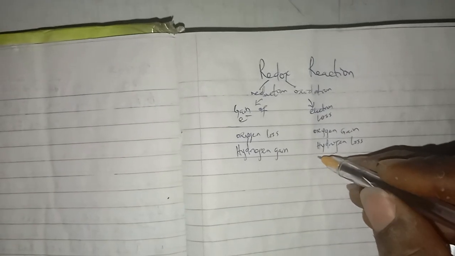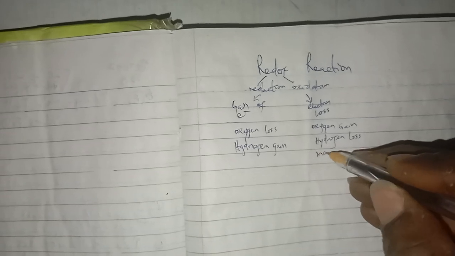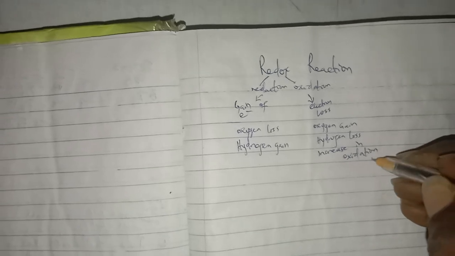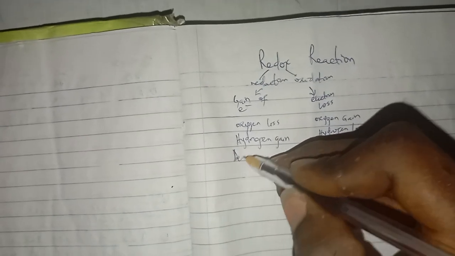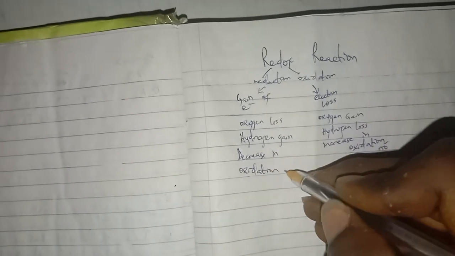Oxidation reaction involves an increase in oxidation number, while reduction reaction involves a decrease in oxidation number.